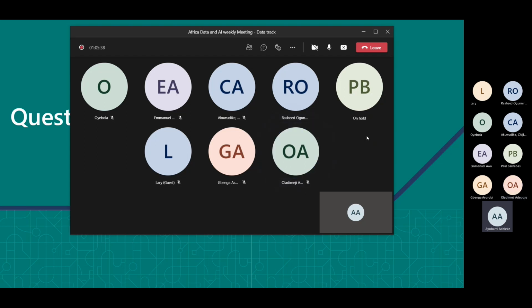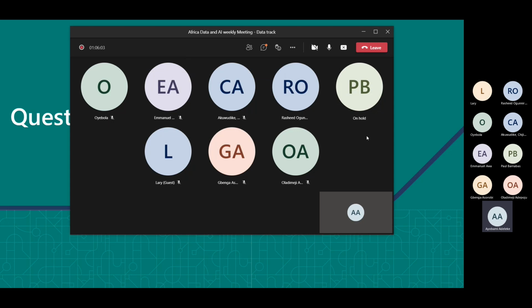Okay, so we have a minute to go. Next week we should have a session on going deeper into Azure Data Services. I think Paul Barnabas will be anchoring that session, so it's going to be another interesting edition.